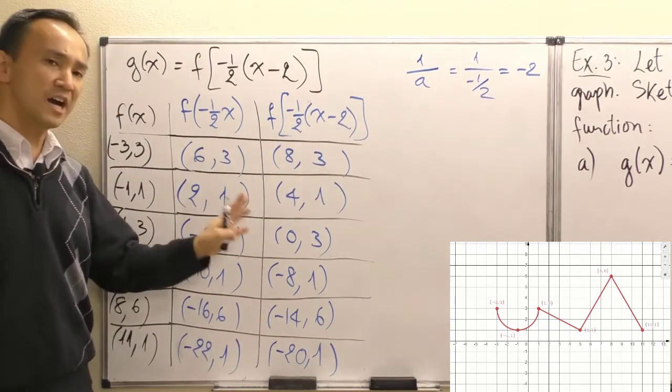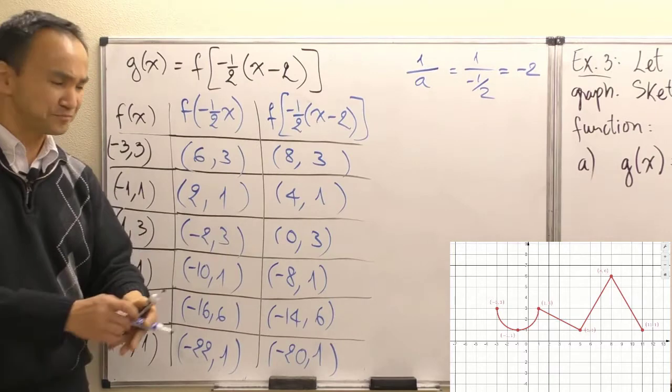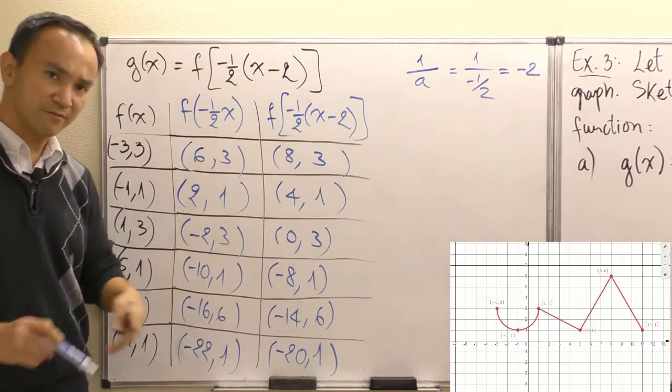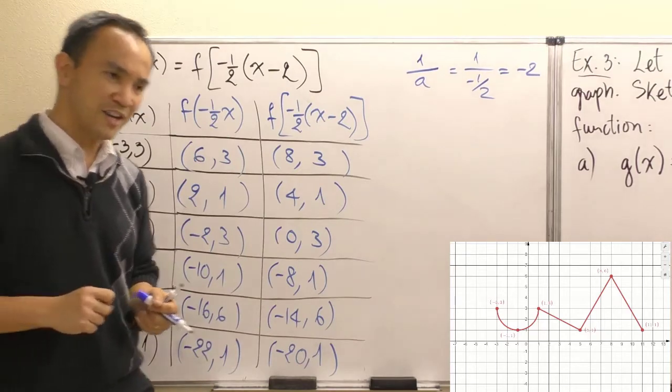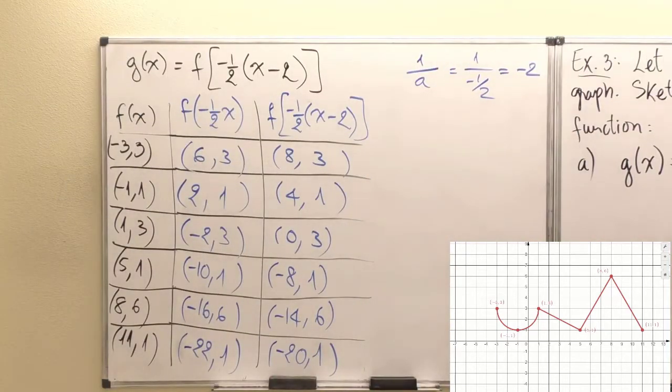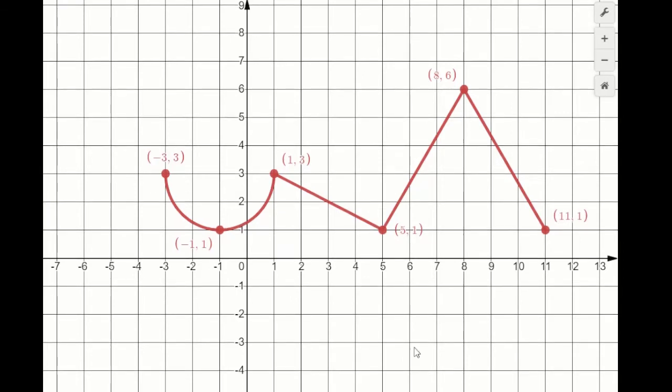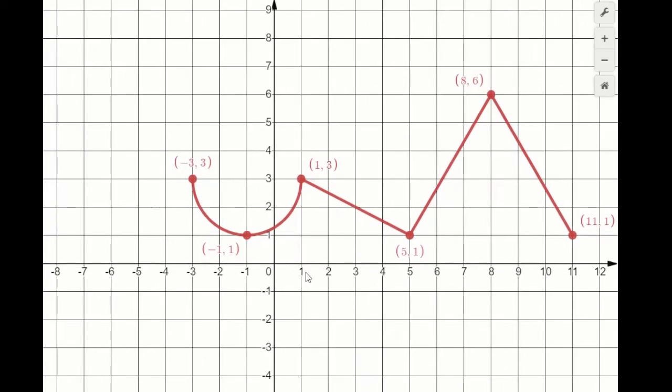Now we are ready to see how we can put these on the graph and draw the graph from there. With the graph of the parent function in full screen view, I am going to put in the guiding points.